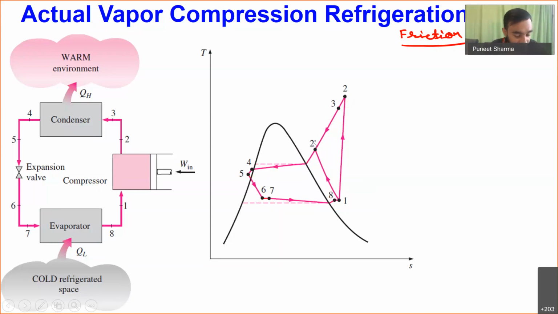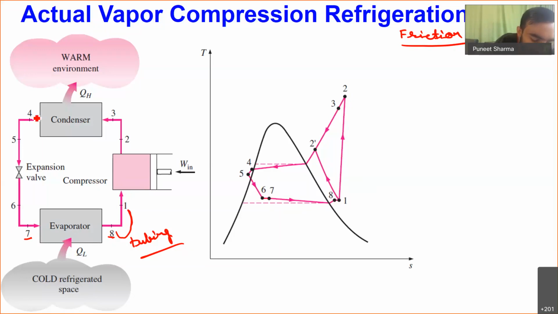That is the first point. Now the second point, if you see what we have done, 7 to 8 I have shown as evaporator inlet and evaporator outlet, and 1 and 2 I have shown as compressor inlet and compressor outlet. So 8 to 1 is our tubing which connects evaporator outlet to compressor inlet.